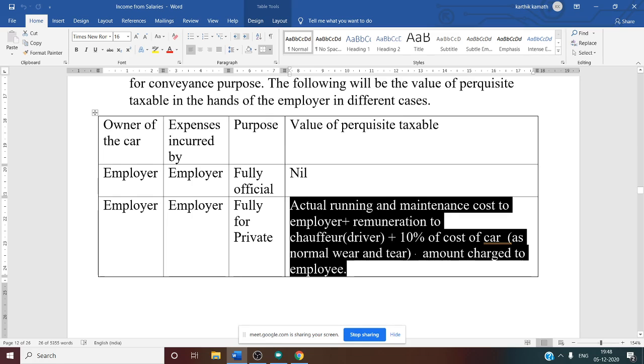If the cost of the car is given in the question, you take 10% of that, because we assume normal wear and tear will happen because of usage. Then minus any amount charged to the employee; if any amount is charged to the employee, you deduct it from all these things. So that is the second case: employer is the owner, expenses are met by the employer, and only for private purpose. The first two cases are not that important.